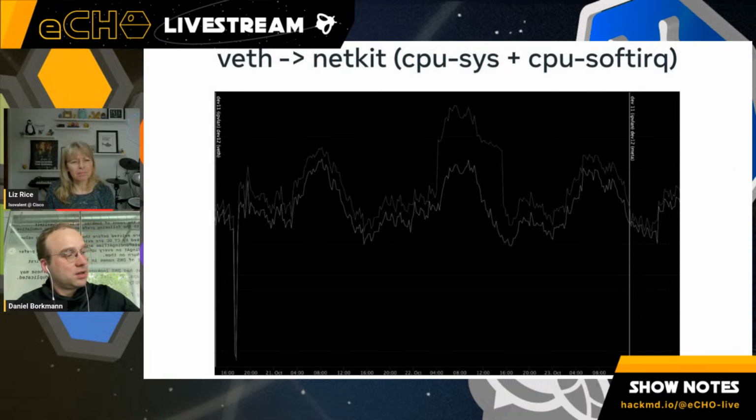But I think, yeah, after those things, in particular AF_XDP, should be in a really good state. There are plans outside of netkit that we're looking into, in particular around WireGuard, and to make WireGuard in the kernel faster.